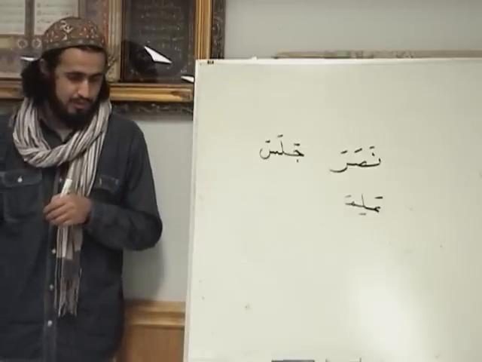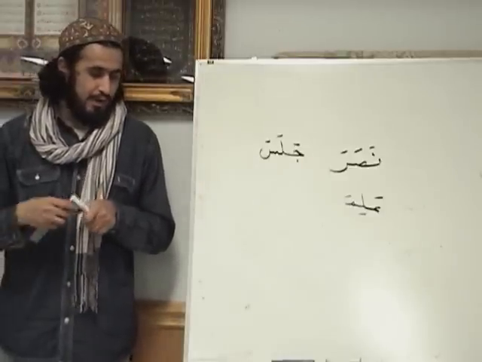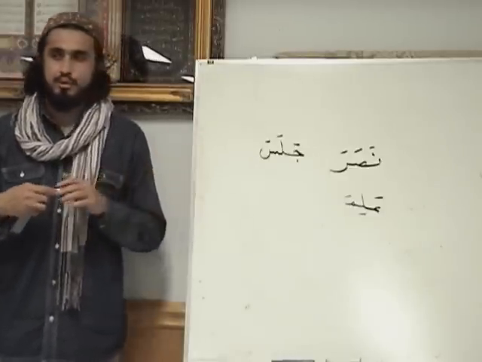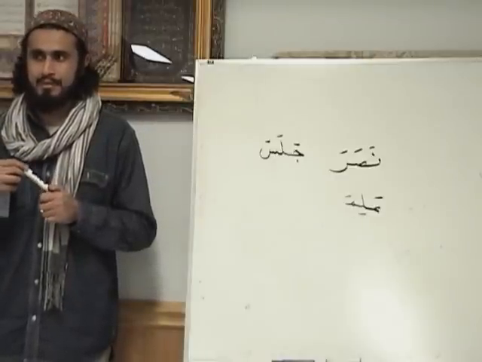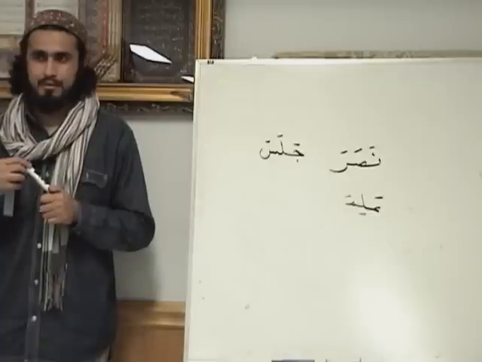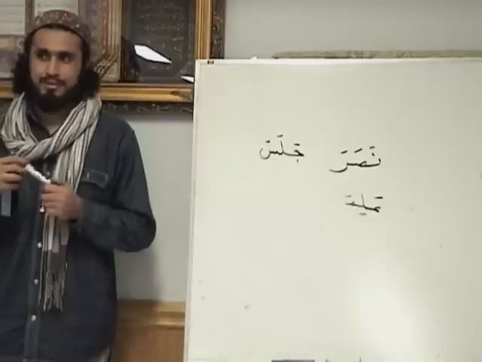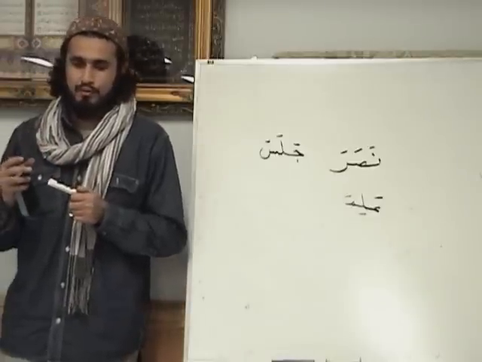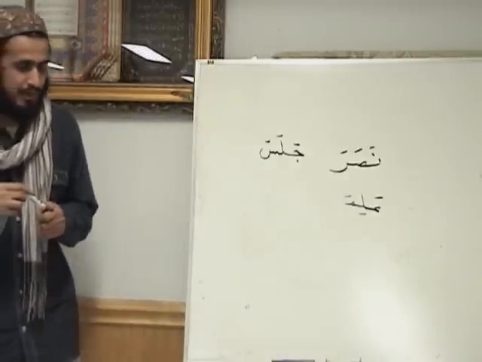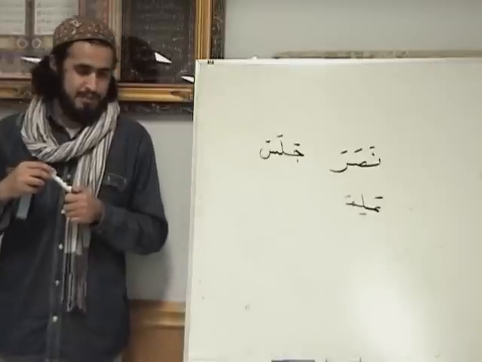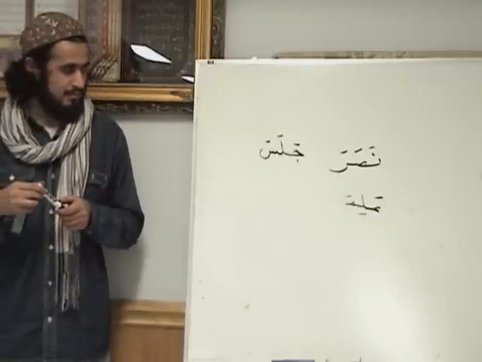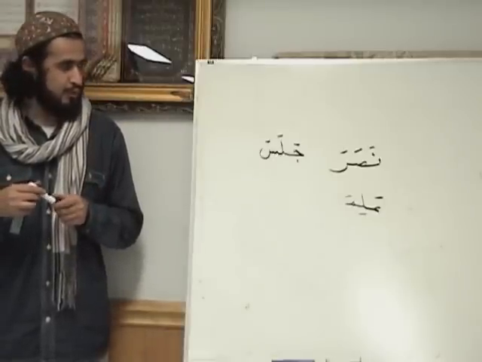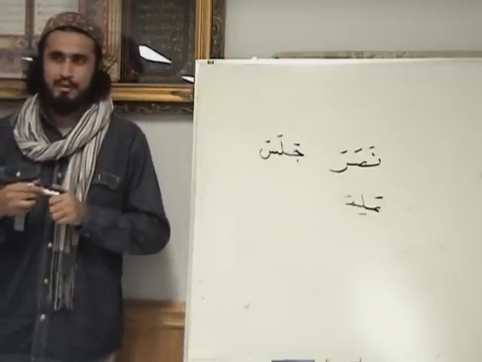They could give you she helped, or they helped, or I helped, and so on. But the standard is to always use the third person singular as a sample. Okay. If someone tells you from the masdar, from the root nun sad ra, which means to help, give me the past tense, they will give you nasara, he helped. Because that's the simplest form.